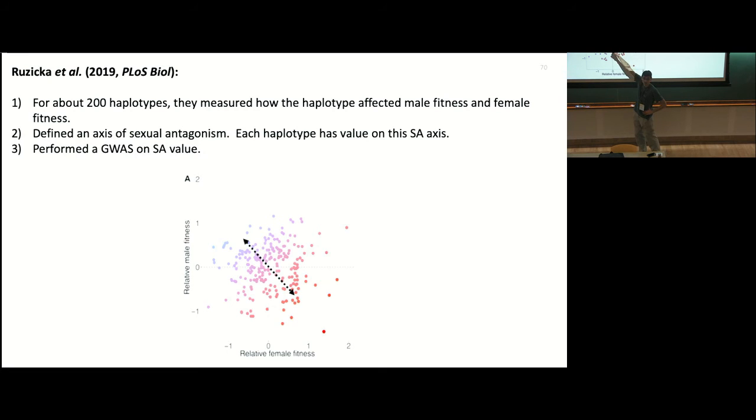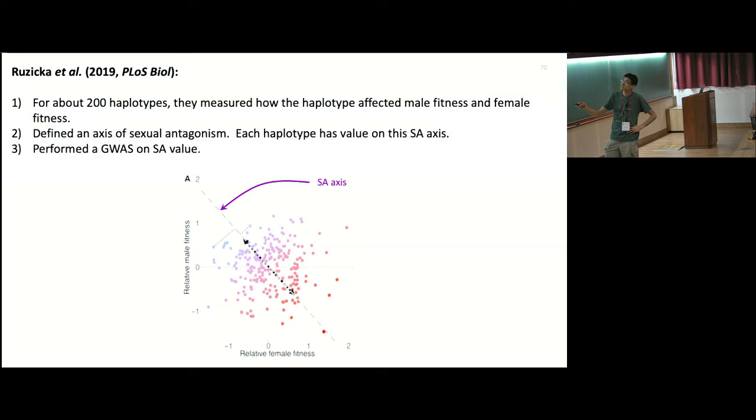And the opposite corner represents the opposite thing. A haplotype here would be high male fitness and low female fitness. So they can characterize each haplotype with respect to its position on this axis of sexual antagonism, right? So this would represent the value of this genotype along this axis, having some negative value, meaning it tends to produce high fitness males and low fitness females.